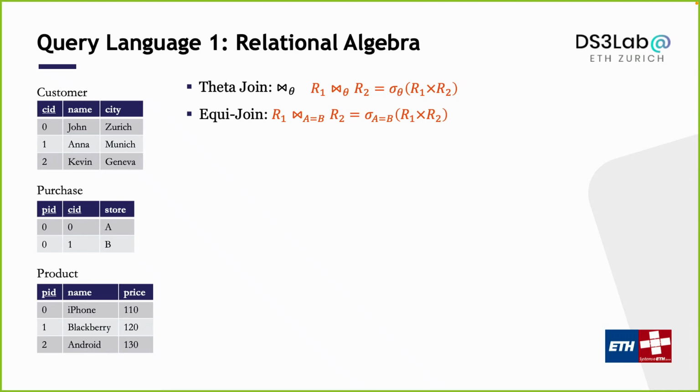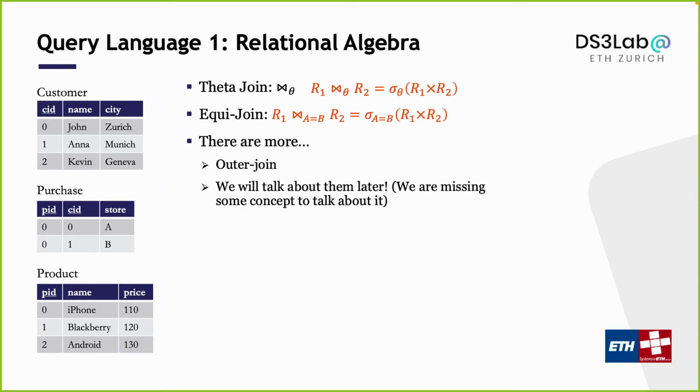Then you can do what we call an equijoin, where R1 has some attributes and R2 has some attributes, and I only return that pair of tuples when these two attributes take the same value. This is something I could implement as a theta join. And there are a whole bunch of joins that we are going to look at down the road.